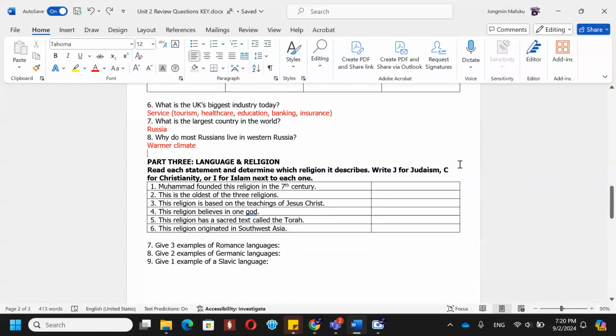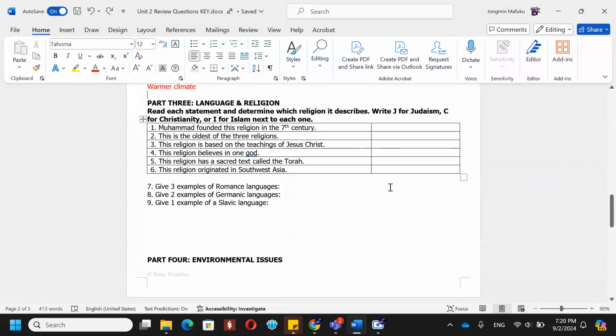Now, let's move on to part three, language and religion. Again, we just talk about simple things, which are the holy book, founder, and the father of the religion. So make sure we know before I even talk about this. All three are monotheistic religions, meaning they all believe in one God.